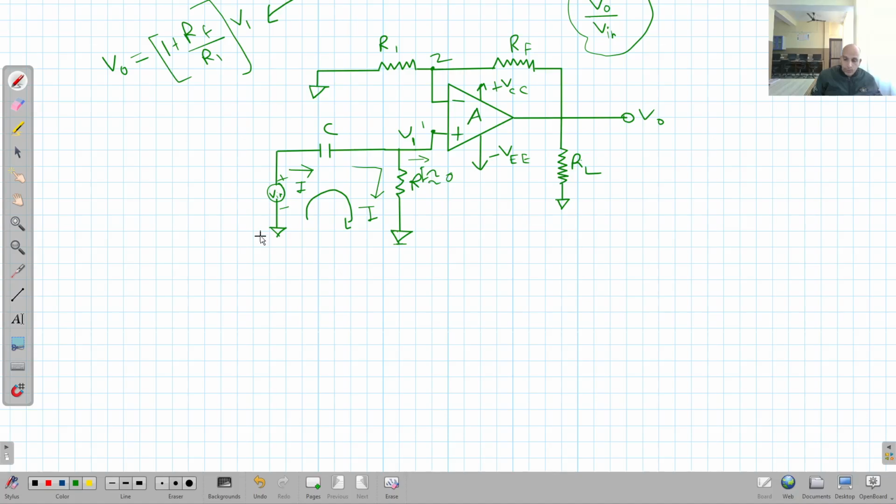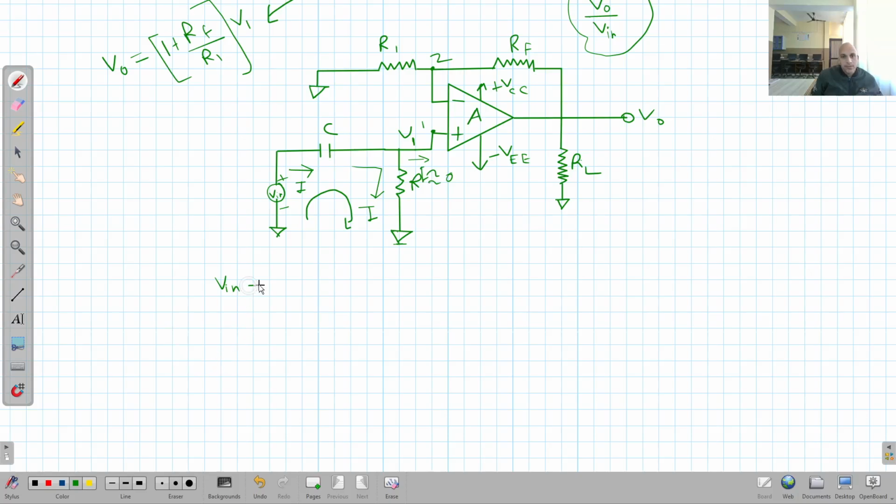So according to the loop rule, the different voltages that are present in this loop are V_in, minus plus. Now current is going in this way, so it is positive, it is negative. Clear?